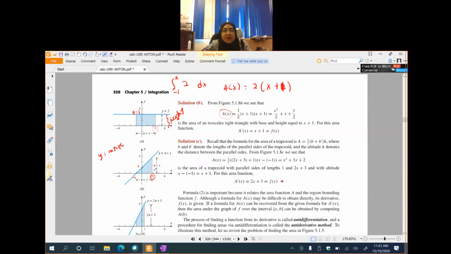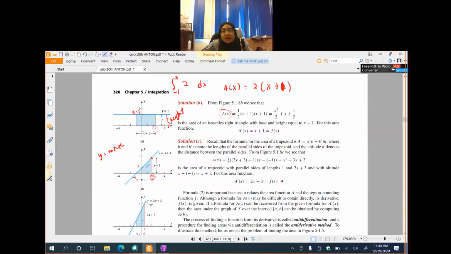Even though it is just a variable, if the function is given by x plus 1, the height will be x plus 1 as well. If x is equal to 2, then you substitute 2 plus 1 and it will be 3. But this is still a variable, so the height here stays as x plus 1.